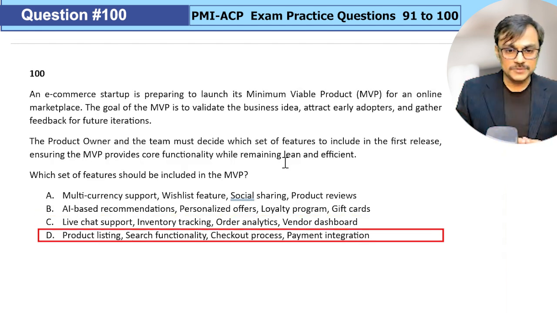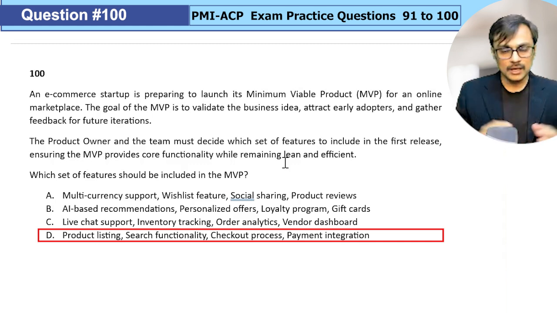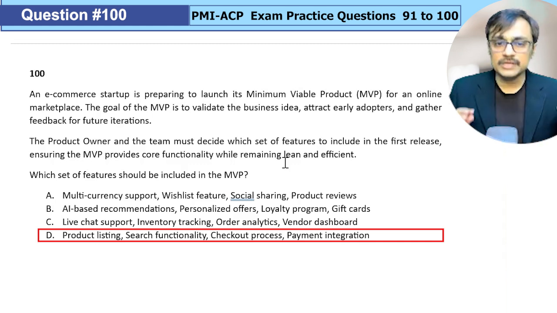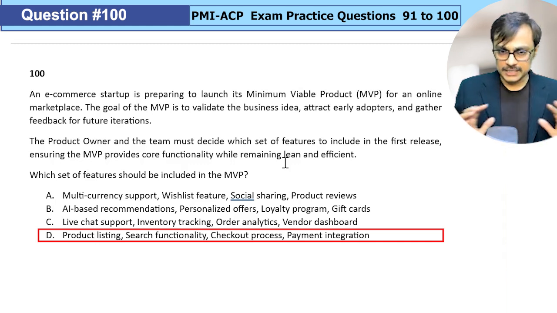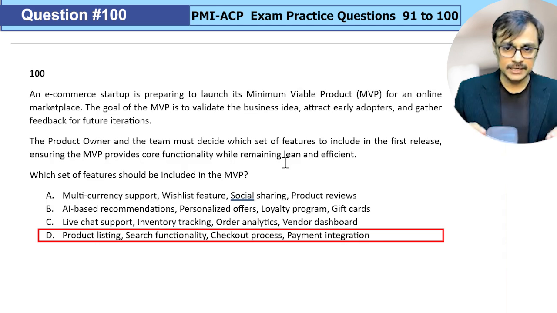Option D: product listing, search functionality, checkout process, payment integration. With the very minimum information given in the question, I just need to focus on understanding and make a judgment about which seems to be the basic need. Out of A, B, C, D, option D talks about the basic listing, searching, checkout and payment.